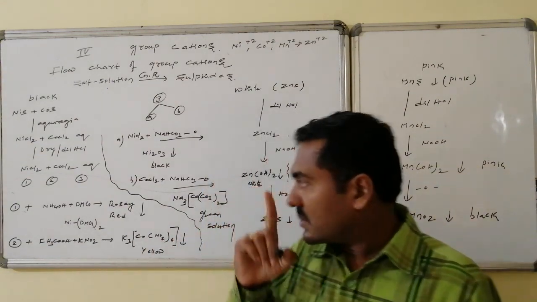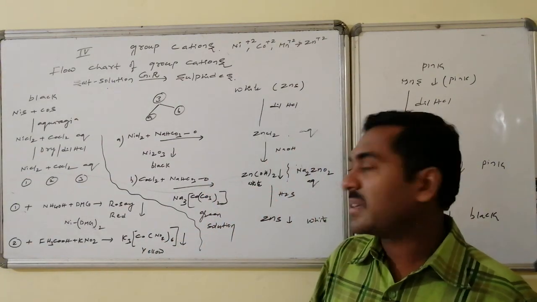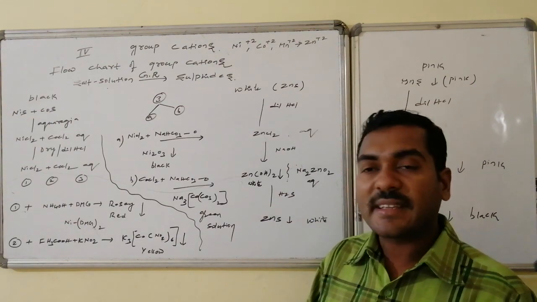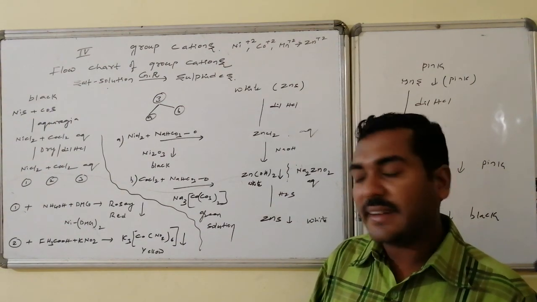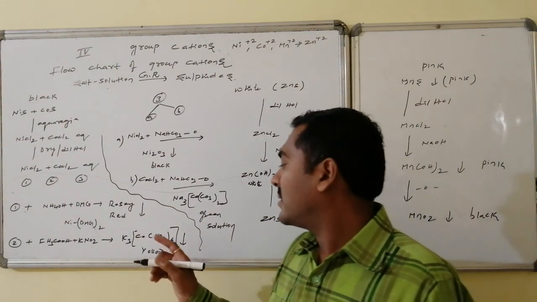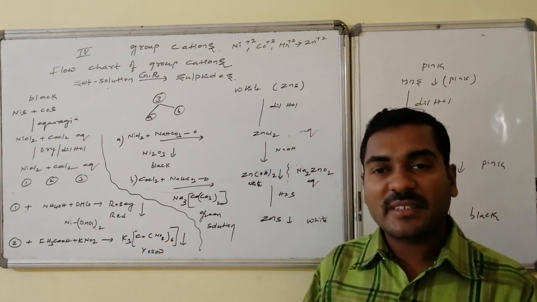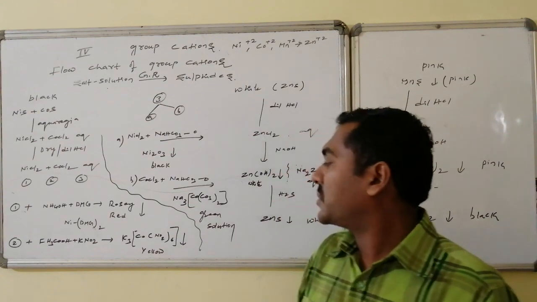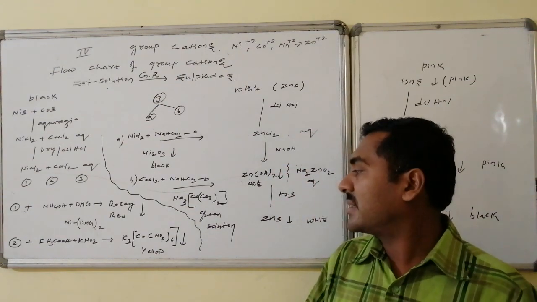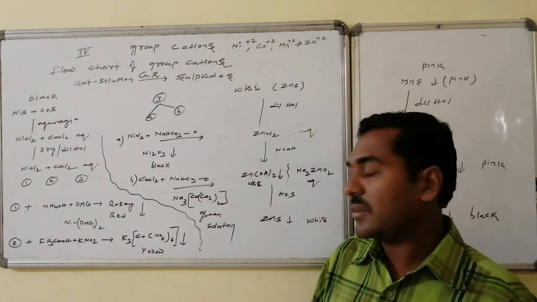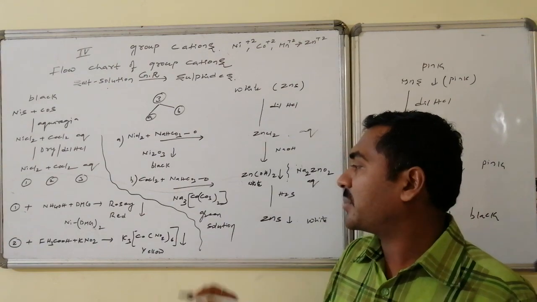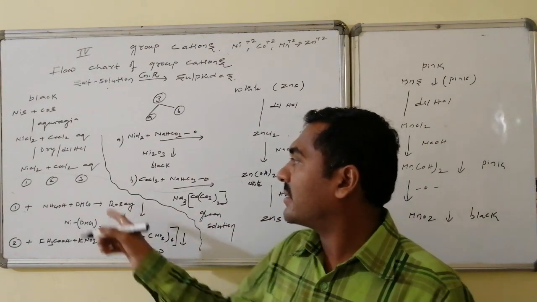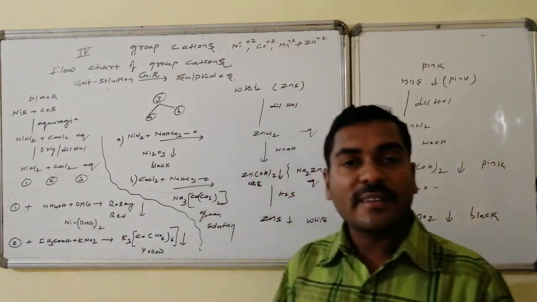Whereas with the same chloride mixture, reaction with acetic acid followed by potassium nitrite forms a yellow color precipitate, that is K3[Co(NO2)6], potassium cobalt 3 hexanitrite, which confirms the corresponding sulfide is cobalt sulfide.